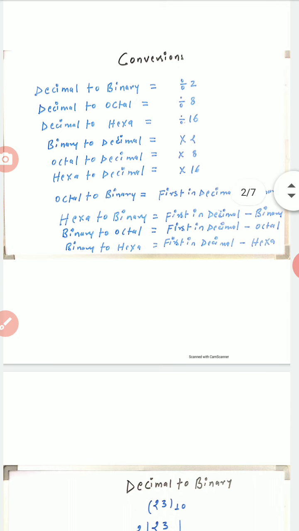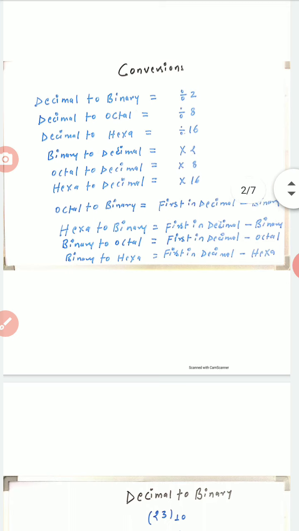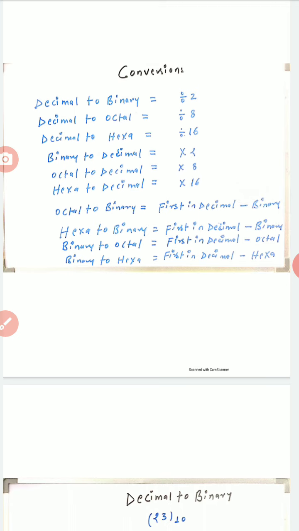Suppose I need to convert from octa to binary. If you convert directly from octa to binary, it is a little bit confusing. So first you convert the octa to decimal, then decimal to binary. It is very easy. In the same way, if you convert hexa to binary, first convert hexa to decimal, then binary.